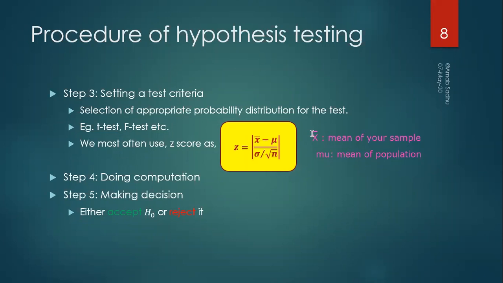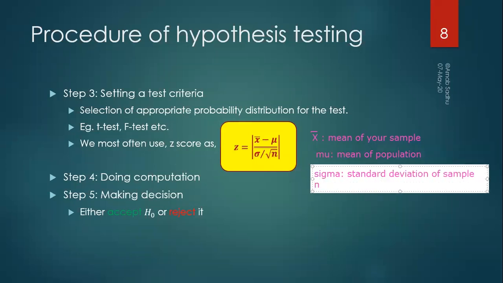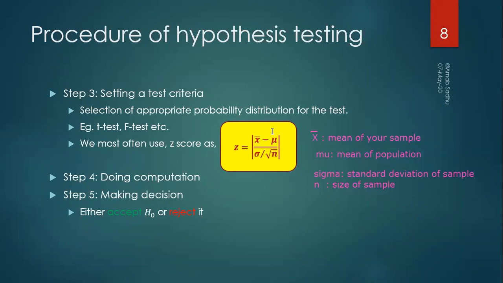So x bar is the mean of the sample and mu is the mean of the population, sigma is the standard deviation, and n is the size of the sample. So these are the 4 things that you record. You make the decision depending upon your Z score whether to accept or reject the null hypothesis.